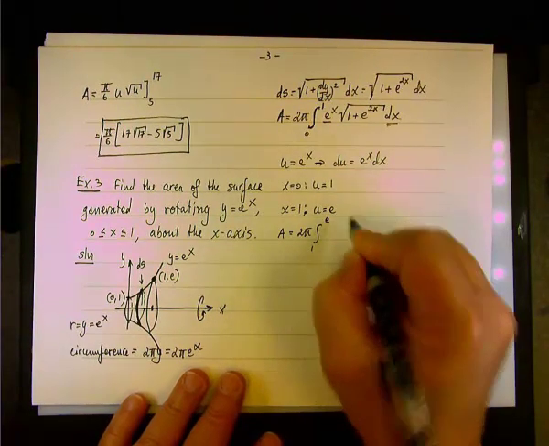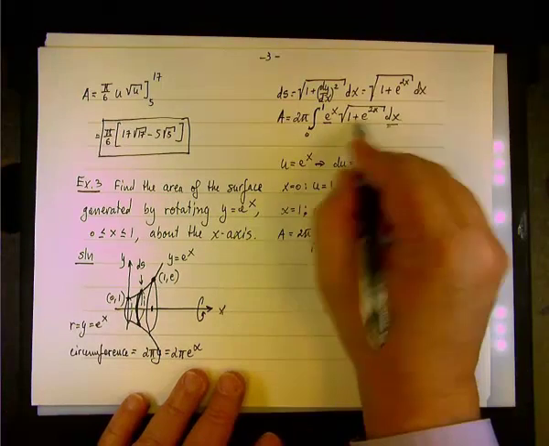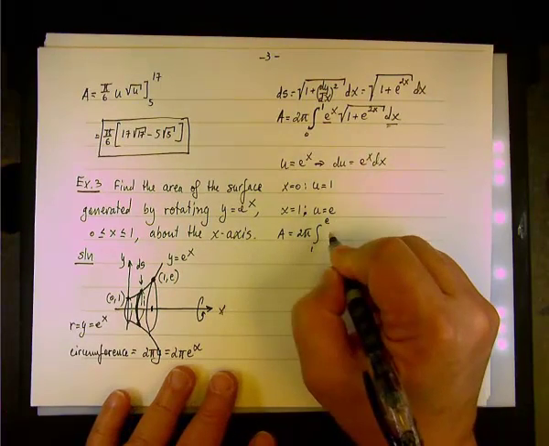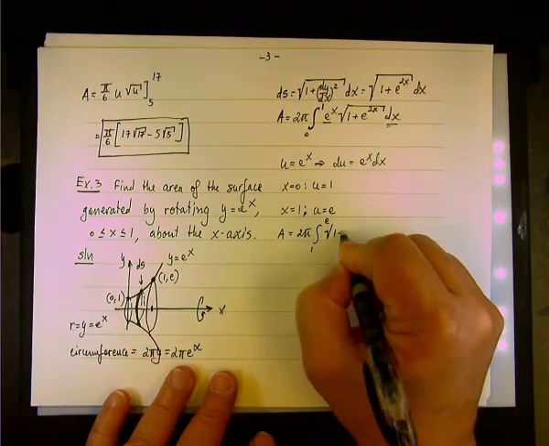We have A equals 2 pi, the integral from 1 to e of the square root of 1 plus u squared, and e to the x dx is du. All right, so this was our first move. The next move will be the trig substitution.